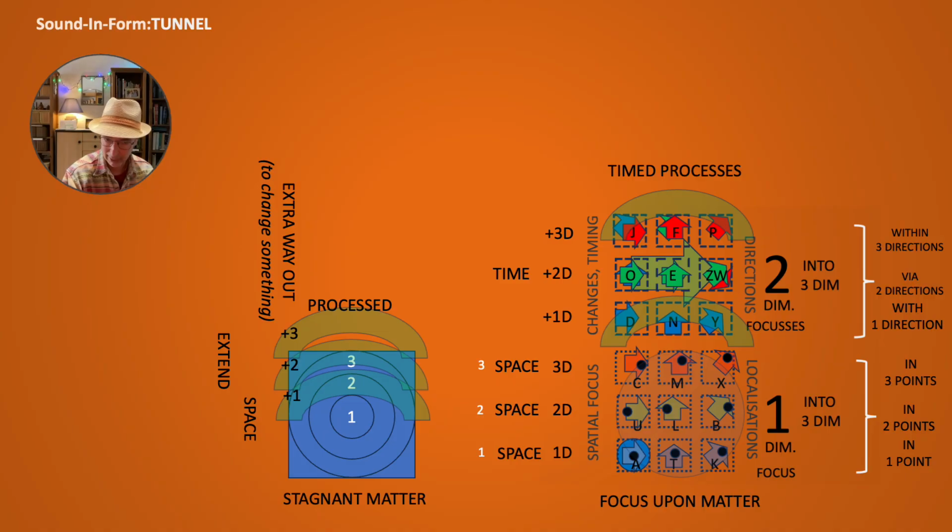You have them in space, but you also have them in timing. Timing is relative because it's a bit like saying, okay, let's focus away from matter. We have stagnant matter, but you also want to show and see and follow the processes that are going on.